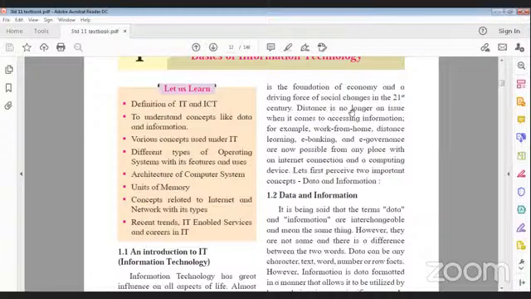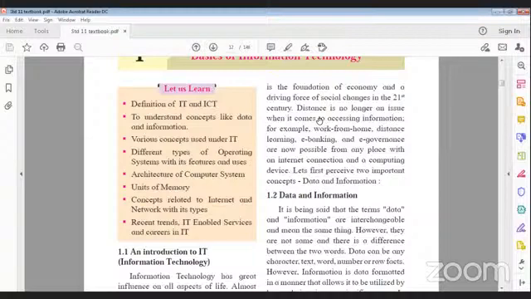Now, here they're saying distance is no longer an issue when it comes to accessing information. Students, do you think that these days, when you want to gain some information or data, you have this problem of distance? For example, you want to communicate with your cousins who are staying in your village, somewhere in UP or Bihar or Karnataka or Hyderabad. Do you think nowadays distance will be an issue in terms of communication? No. It is real time communication, right?